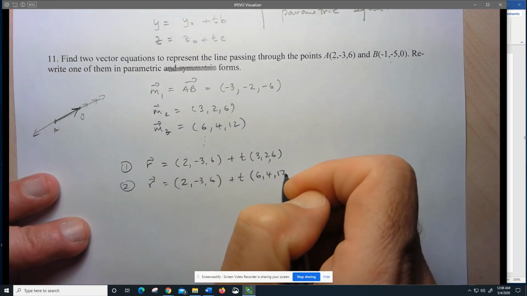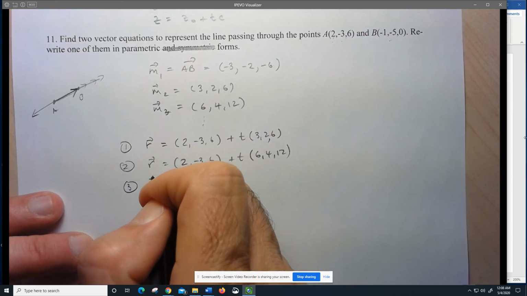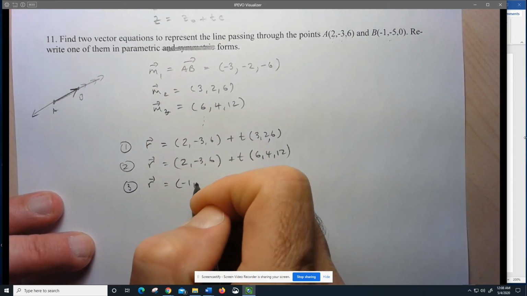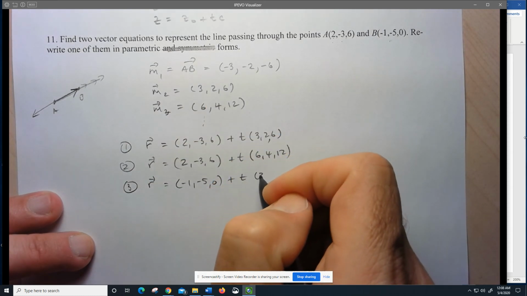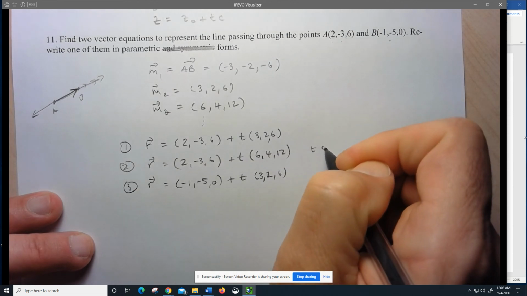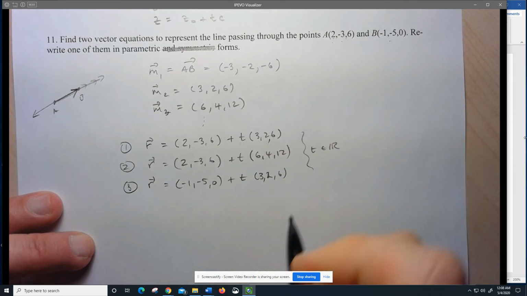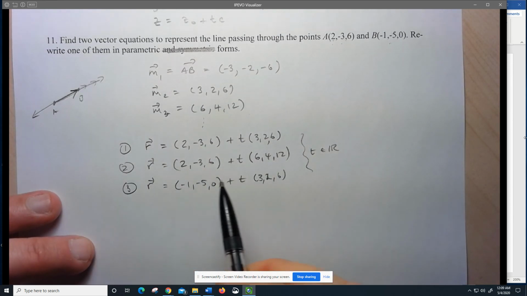That would be perfectly good too. Or I could start with the other point, -1, -5, 0, plus t times, let me go back to 3, 2, 6. And of course, in all of these, t can be any real number. So any of these are reasonable equations for the line.